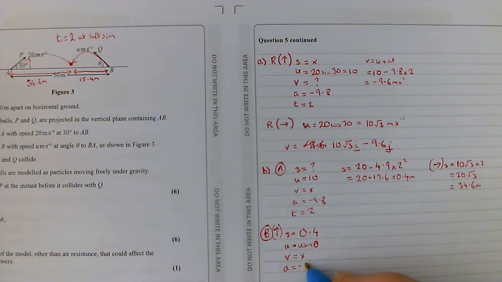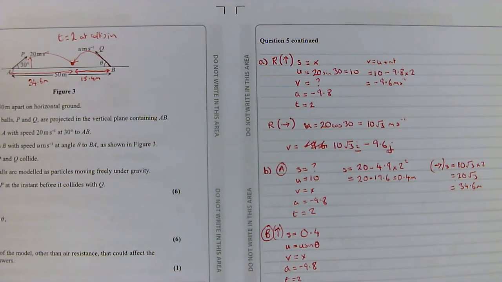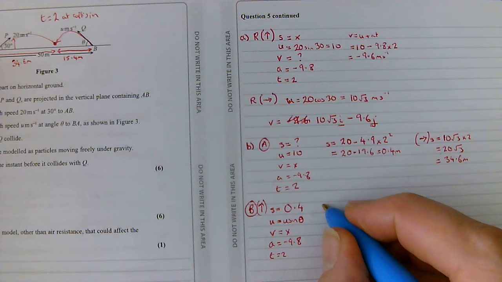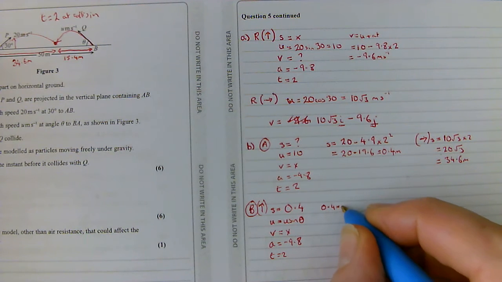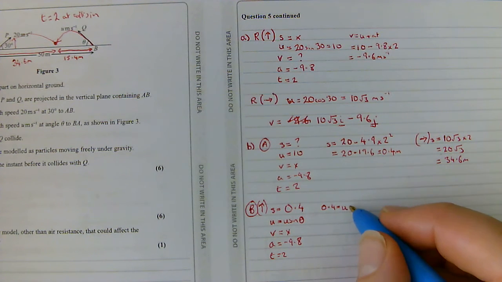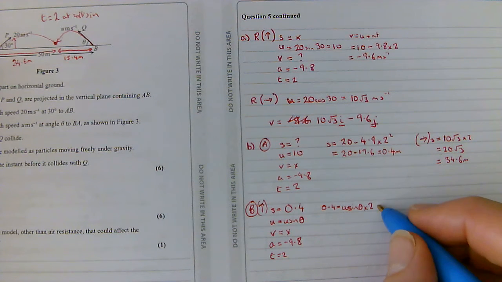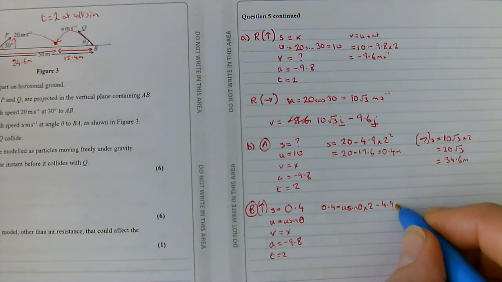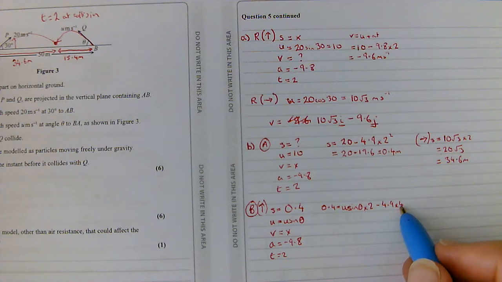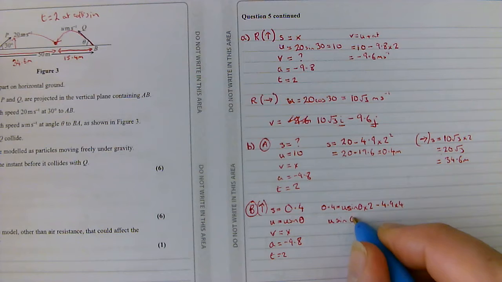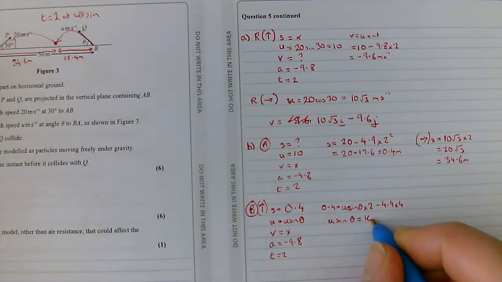A equals minus 9.8 and T equals 2. So I can now say that 0.4 equals U sine theta times 2 minus 4.9 times 4. So that's going to give me 19.6. So I end up with U sine theta equals 10.